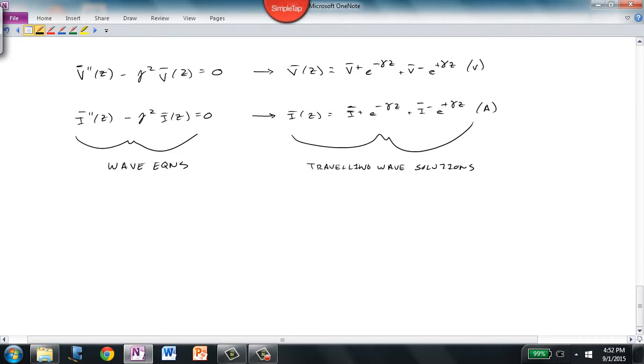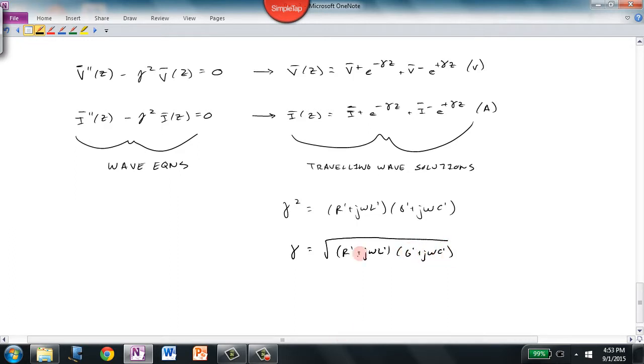The first thing I want you to remember is that gamma squared was equal to r prime plus j omega L prime times g prime plus j omega C prime. That was from our KVL and KCL analysis earlier, and so gamma is equal to the square root of r prime plus j omega L prime times g prime plus j omega C prime.